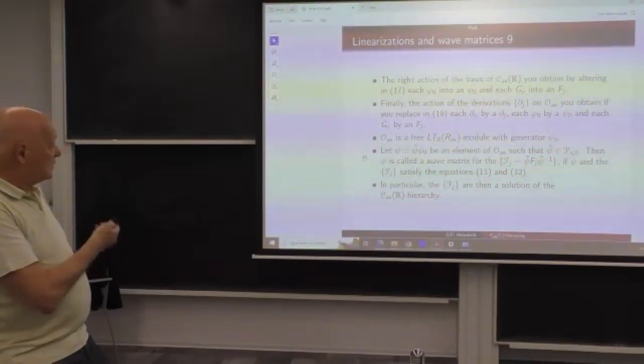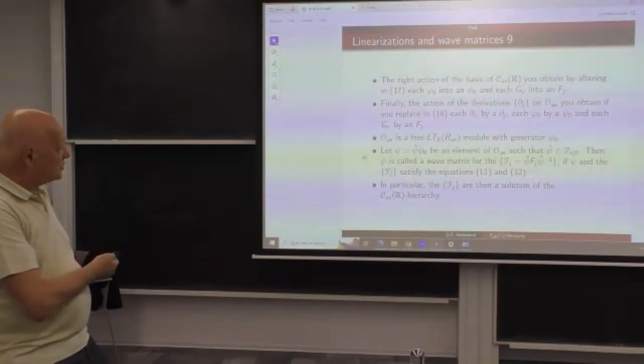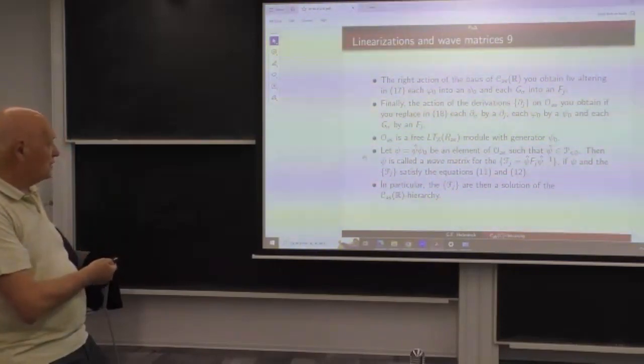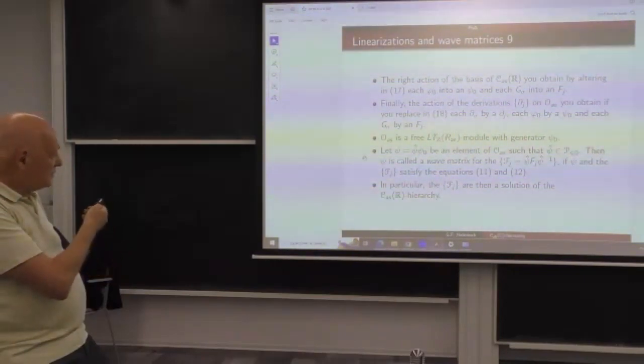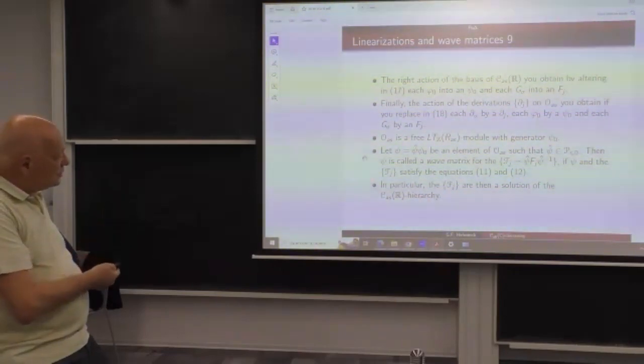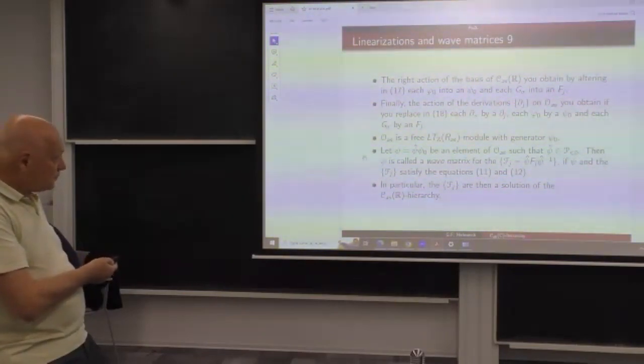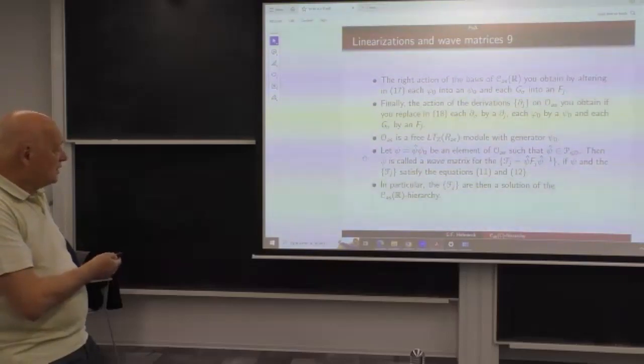Here we have the same, and now we take psi hat from our deformation group, calligraphic P smaller or equal than 0. Now, if this psi together with the calligraphic Fj satisfies the linearization equations, then we call psi a wave matrix for these solutions.